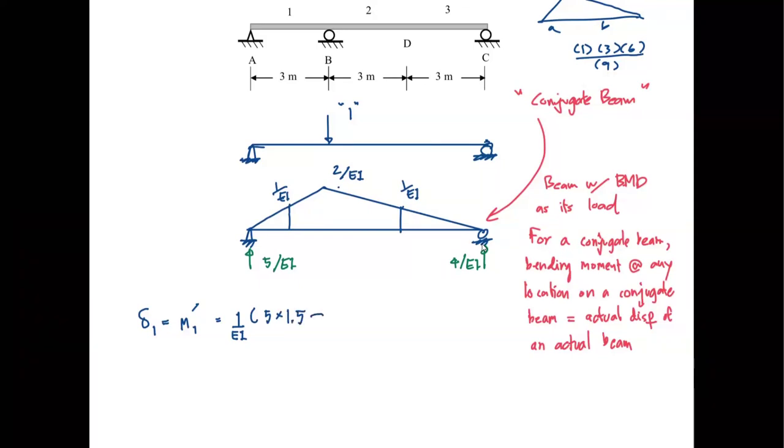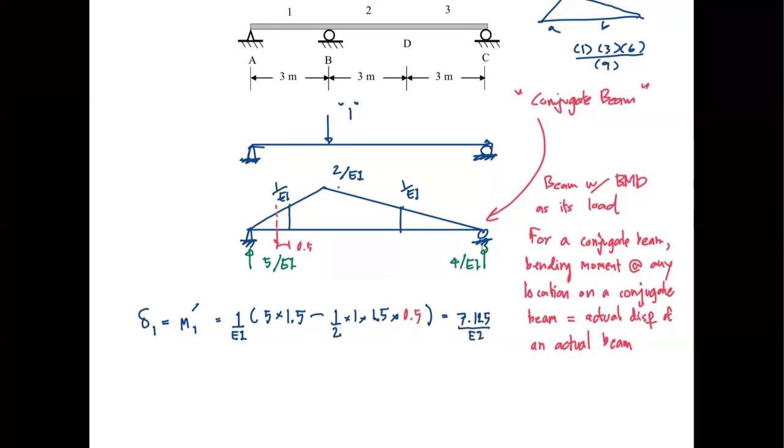Minus the area of this triangle, which is a half of the height, which is 1, the base is 1.5, multiplied by the moment arm, which is 0.5, right? And this turns out to be 7.125 over EI.